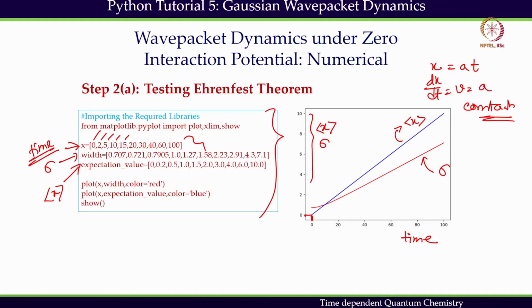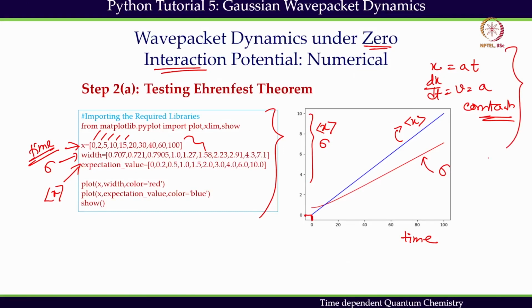Free particle is not experiencing any potential. It is a zero interaction potential. If no potential is there, there is no force acting on it. So if there is no force on a particle, it should not change the momentum, it should not change the velocity. It will be forever traveling with that velocity only. That is very interesting to note.